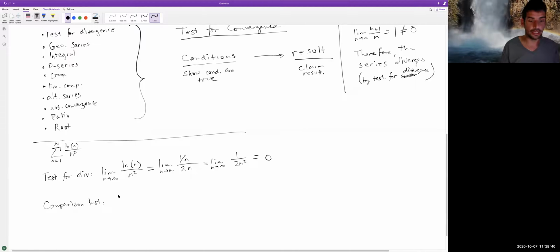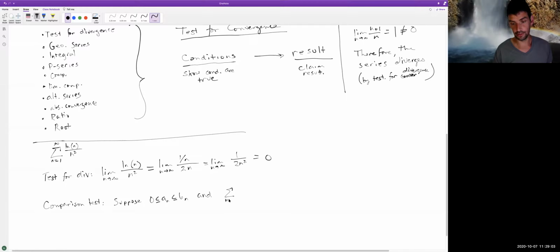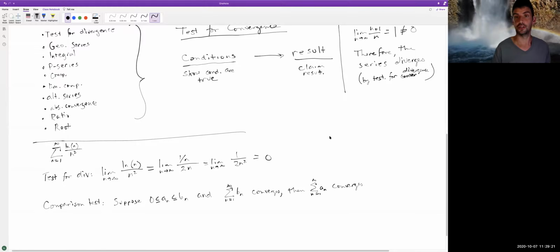Okay. So in a comparison test, there's different ways to write this. So we could say something like this. Suppose we have two positive sequences where one of the sequences is always smaller than the other. And the series of the larger sequence converges, then the series of the smaller terms converges, right?